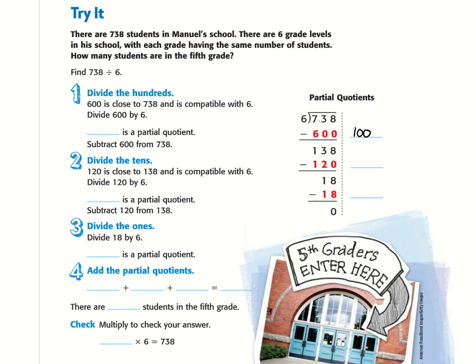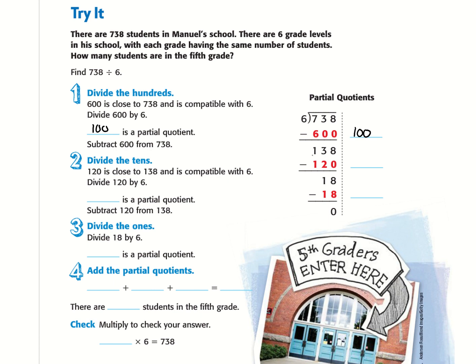And then once we subtract, 738 minus 600, we get 138. So here, we can say 100 is a partial quotient, subtract 600 from 738. So now we have 138.